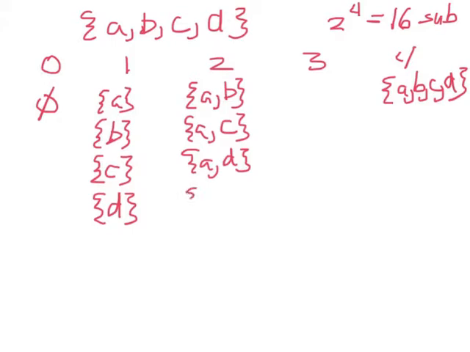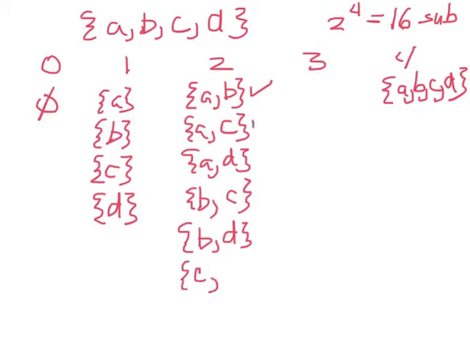But now I want to take B and attach to it things that are different. So I can't attach A because I've already done it. So I do B and C, and then B and D. And then I go to the letter C, and I can't attach A or B to the C, so I'm just going to start with D. And if I go to D, I notice that I've done all the D's, all 3 of those.